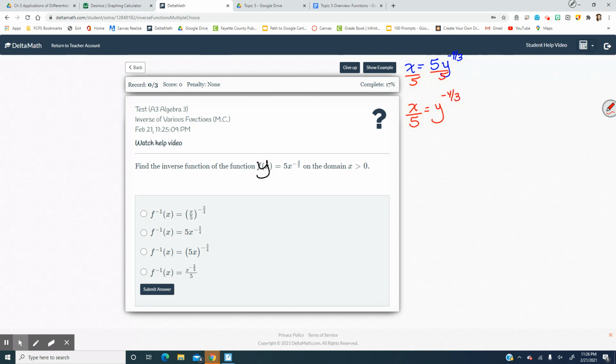Now, if you're stuck on how to get rid of that negative 4/3, what you can do is raise both sides to the reciprocal power. So the reciprocal power means that you flip the fraction.